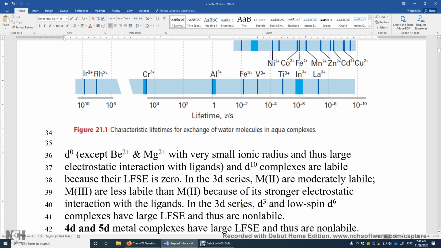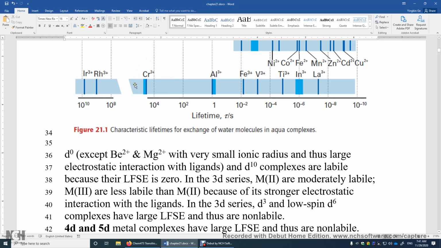And then in the 3d series, you also need to look at the electron configuration carefully. If you have d3 or low spin d6, they have really large LFSE and thus are non-labile.